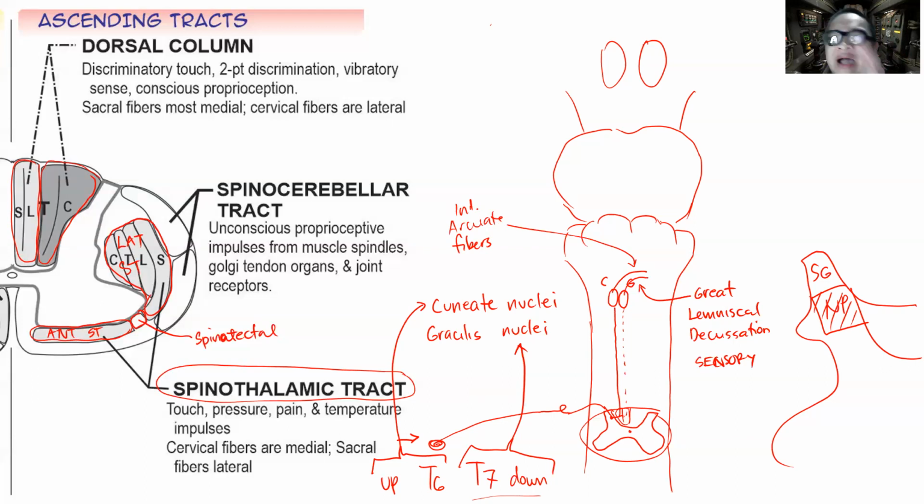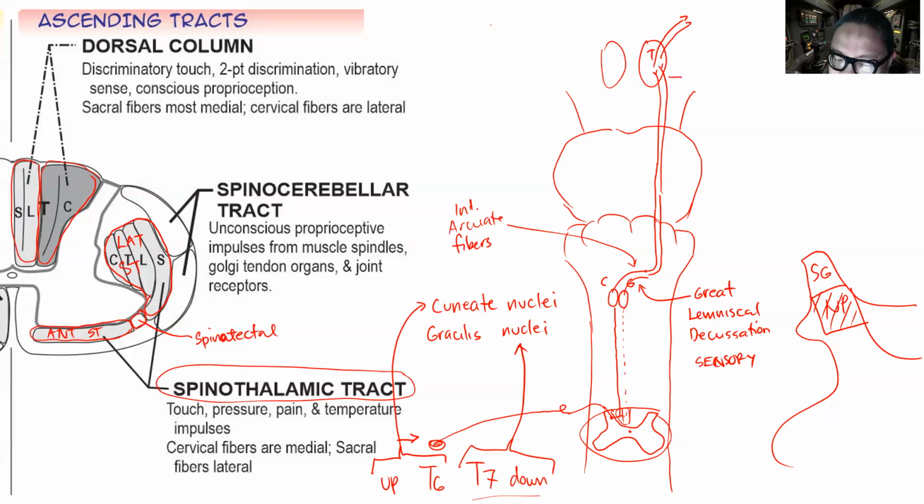It's the same path, only different names. Just remember that, because when you read your books and it's talking about internal arcuate fibers, they're just talking about your dorsal columns. After they cross at your medulla, they go up and end up in your thalamus and then in your primary sensory cortex.